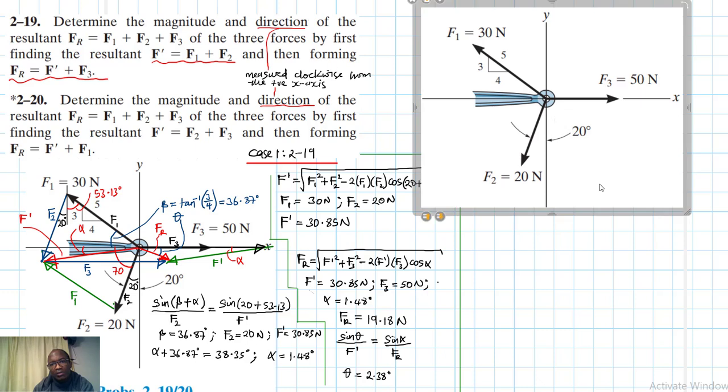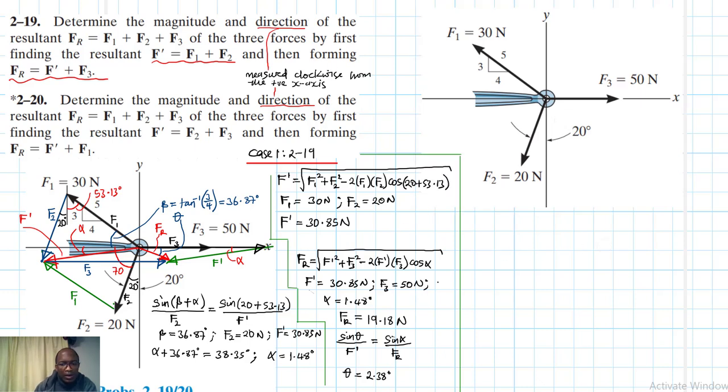This is case number 2. So let's say this vector 50 is a little bit longer, more than twice. So let's say maybe it is somewhere there, we can say up to there.